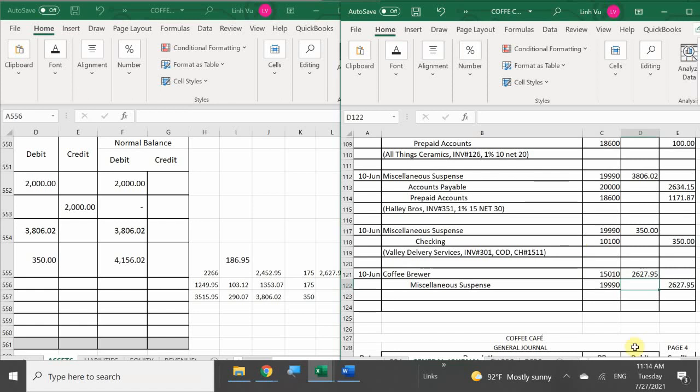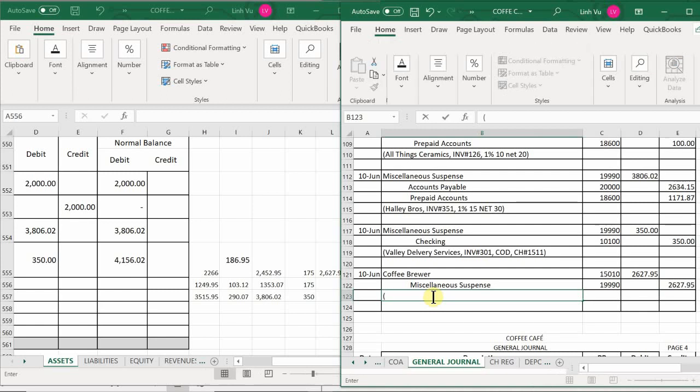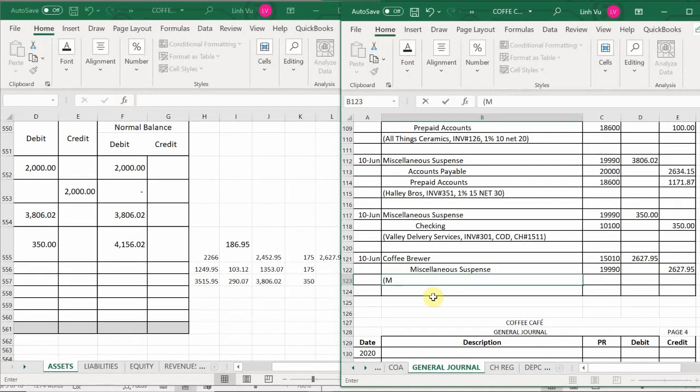So my note here is to move coffee brewer out from miscellaneous suspense account. Simple as that.